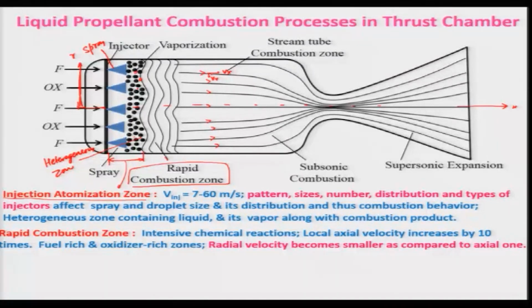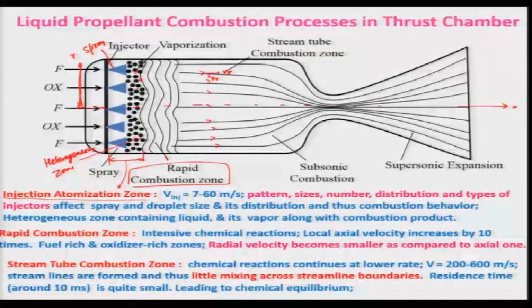V r becomes very small compared to the axial one, particularly in the stream tube combustion zone and also in the case of the rapid combustion zone. In the stream tube combustion zone, the chemical reaction might be minimized.